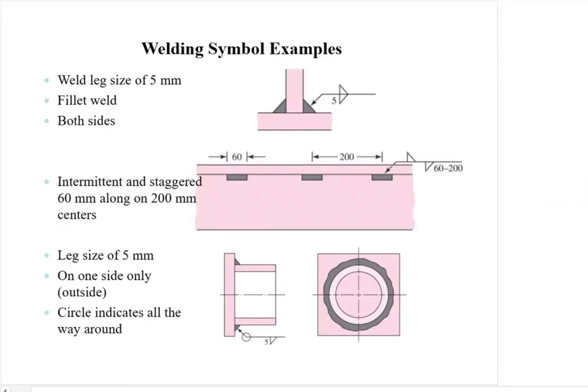Let's look at some welding symbol examples. And here's how I said I'm going to make it a little simpler for you. So concentrate on these simpler welding callouts or symbols.